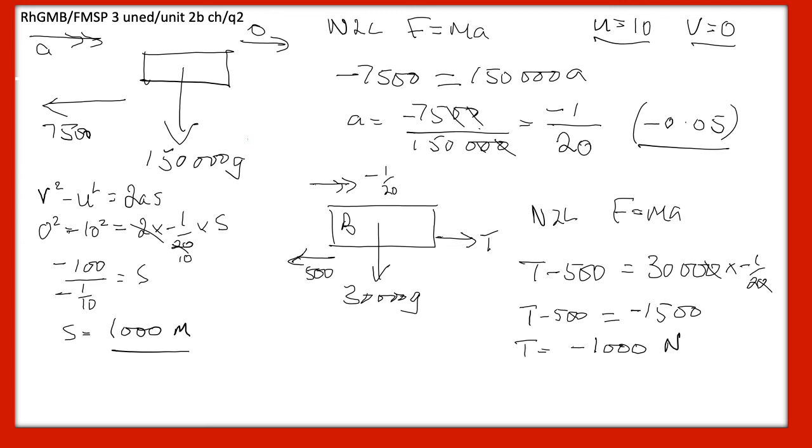And the question actually asked me to confirm whether it was a tension or a thrust. Now, clearly my tension is acting in the wrong direction. My positive sense is that way, and I've got a negative tension, so therefore it is a thrust or a compression, whichever you prefer to call it. But you must write those words in. I'm not going to in this particular case.